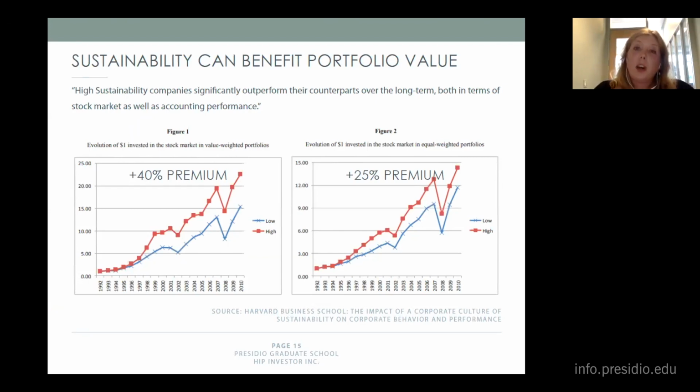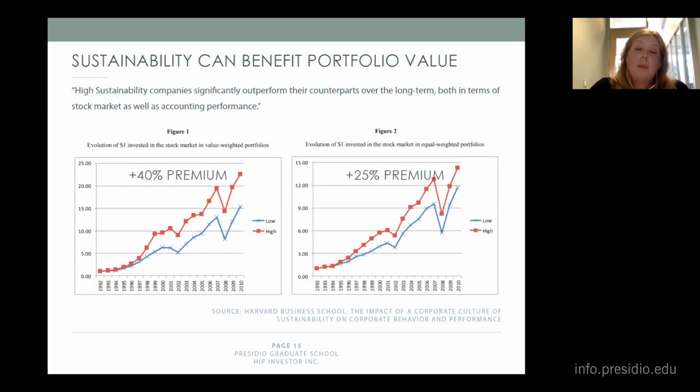This chart is showing a Harvard study that compares companies with high sustainability to companies with low sustainability. The companies with high sustainability significantly outperform their counterparts, both in terms of stock market as well as accounting performance.